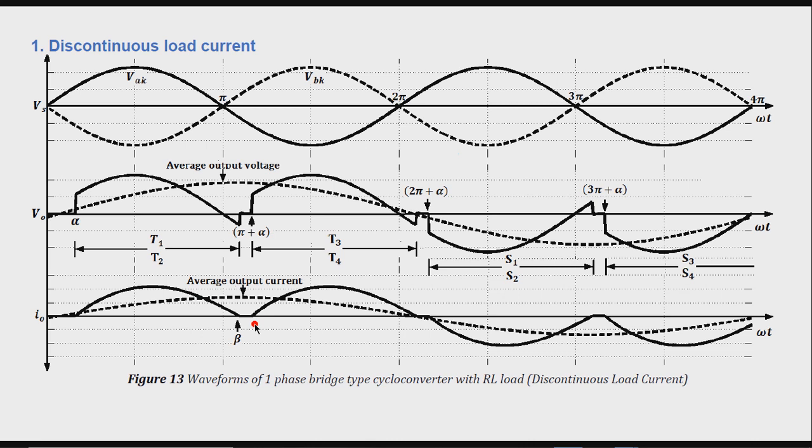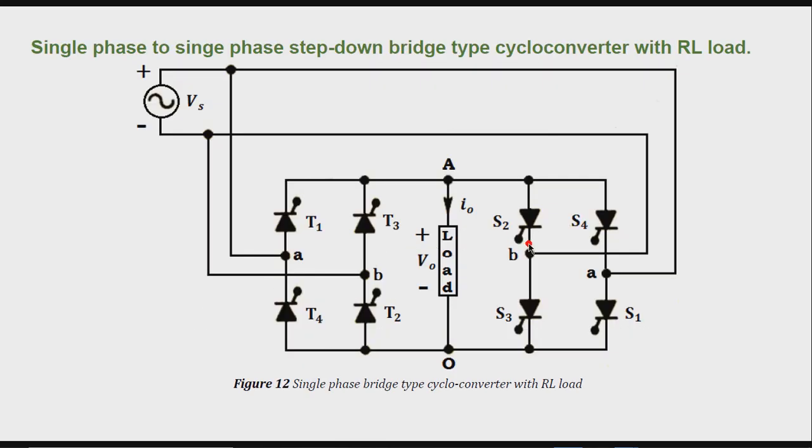After two positive half cycles of the load voltage and load current, terminal A again becomes positive with respect to B, and thyristors S1 and S2 become forward biased and are triggered at omega t equal to 2 pi plus alpha. The thyristors S1 and S2 start conducting, but the load direction is reversed, that is from O to A. When S1 and S2 are conducting in this positive half cycle, the current flows through S1, then the load, and then S2.